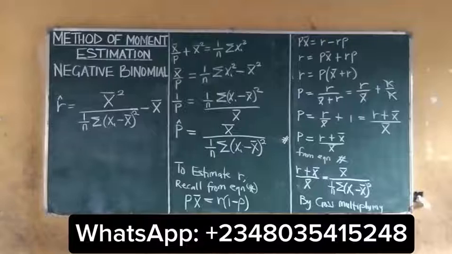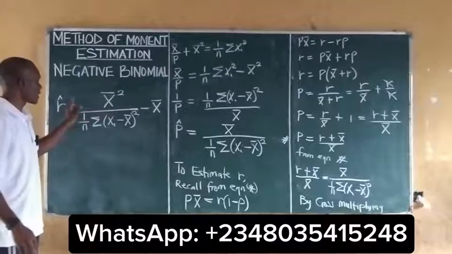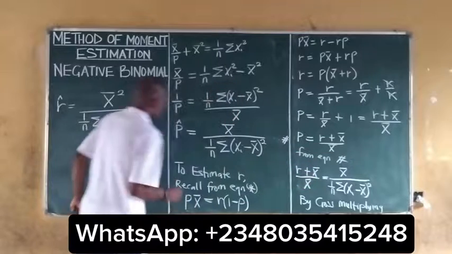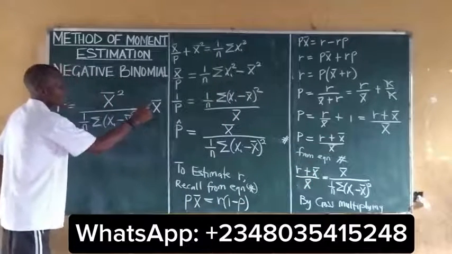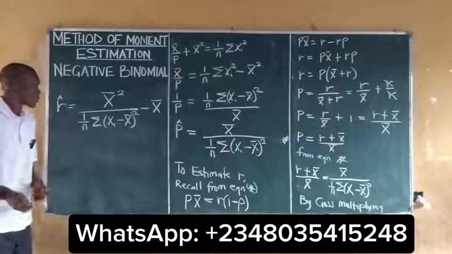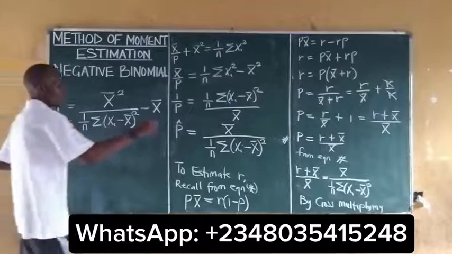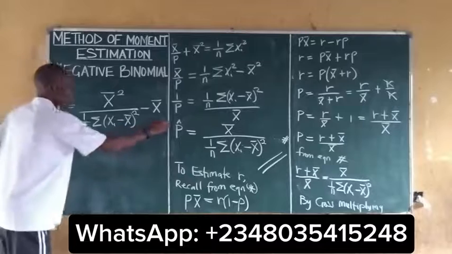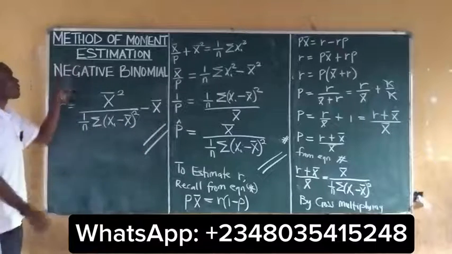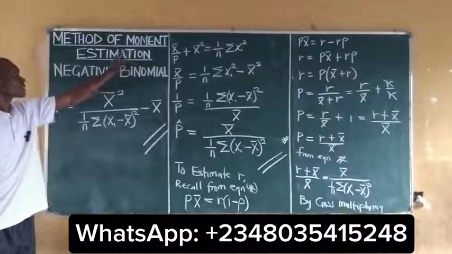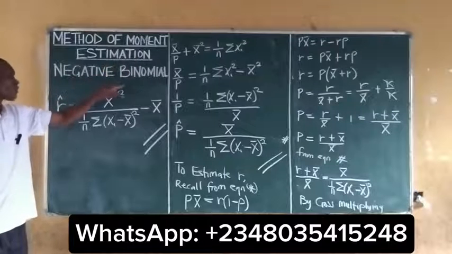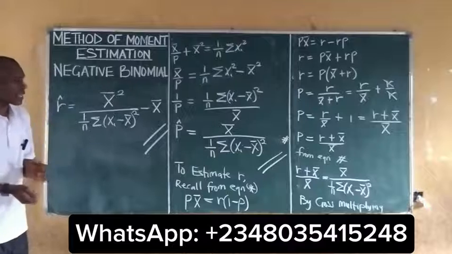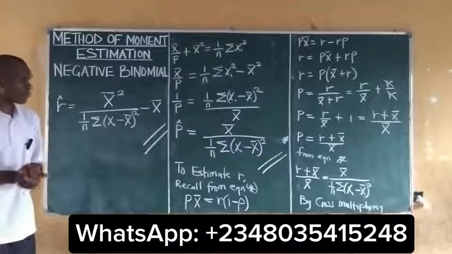Once we cross multiply, we have something like this. Then as it is going over to that side, we get minus x bar. So we have simply gotten our P estimate and R estimate for the method of moment estimation for the negative binomial. So this is how to obtain P and R for the negative binomial.